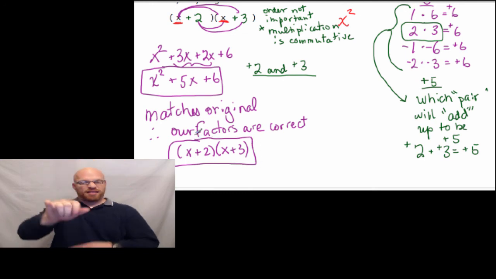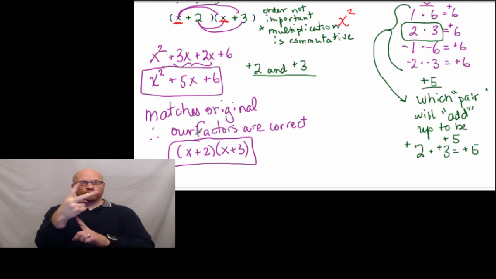So there you have it. This is our answer, the quantity x plus 2 times the quantity x plus 3.